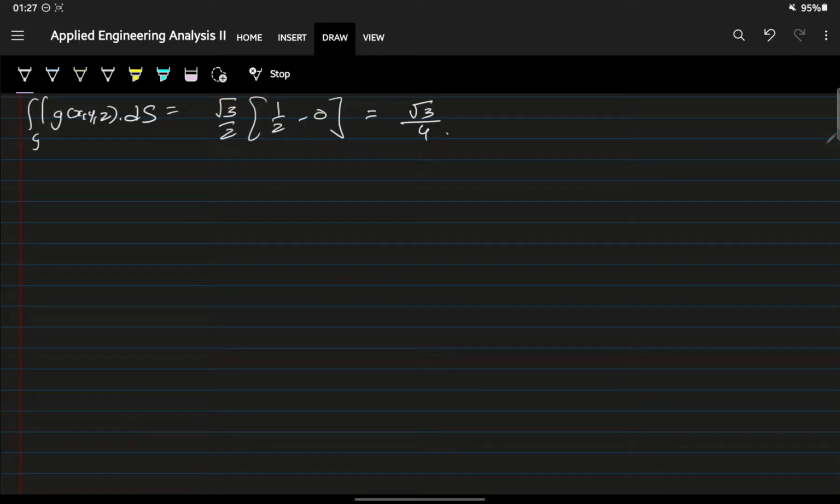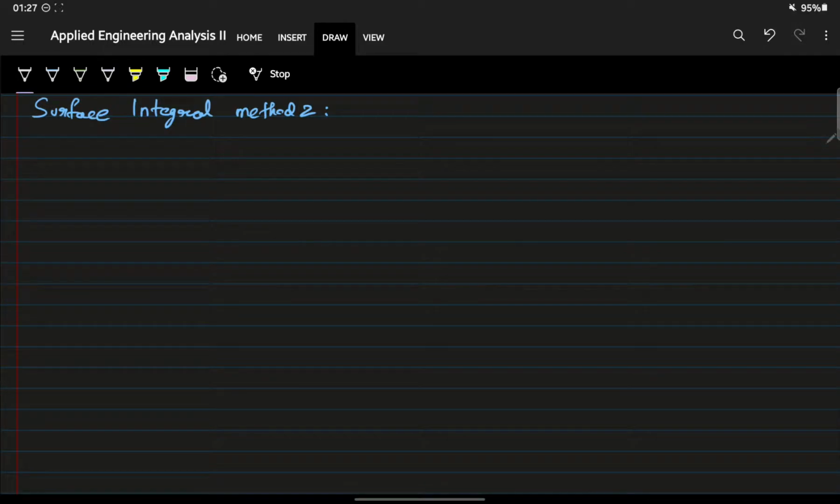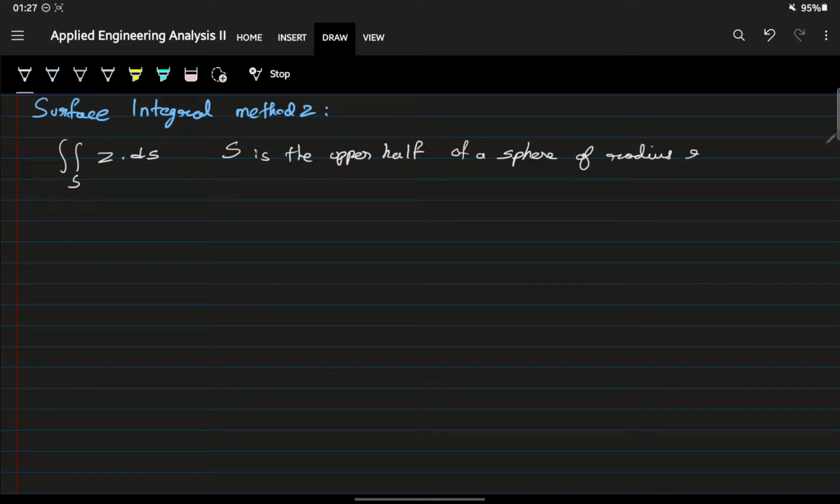Now let's check out the second type, the parametric form. Using the parametric form, let's evaluate the surface integral of z dS, where S is the upper half of a sphere of radius r is 2.